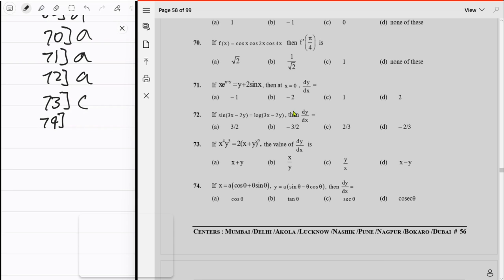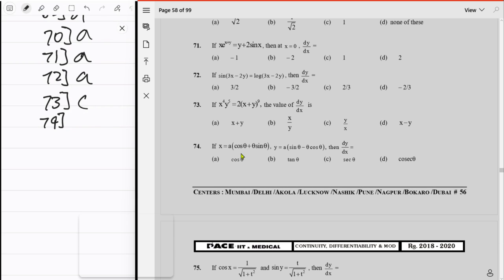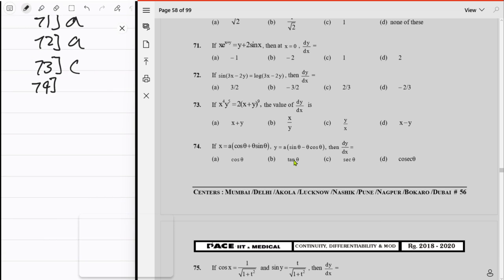74. If x is equal to this thing, a times cosine theta plus theta sine theta, and y is equal to this thing, then dy upon dx. Come on, seriously. Why do you have to do this? Okay, fine. I'll just have to do it. So dy upon d theta and dx upon d theta.